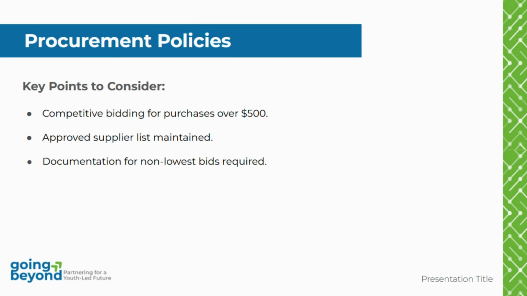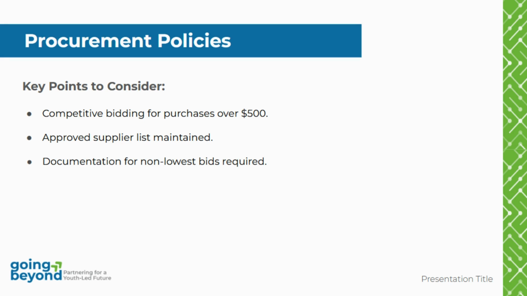Procurement policies aim to ensure transparency, efficiency, and value for money in acquiring goods and services. First, purchases exceeding $500 require at least 3 competitive quotations to ensure fairness. If this isn't feasible, reasons must be documented.